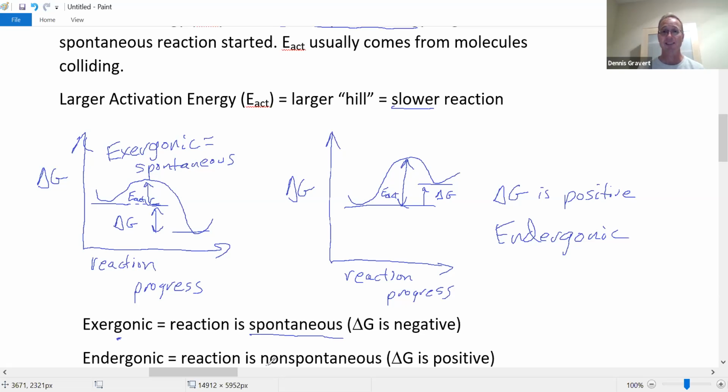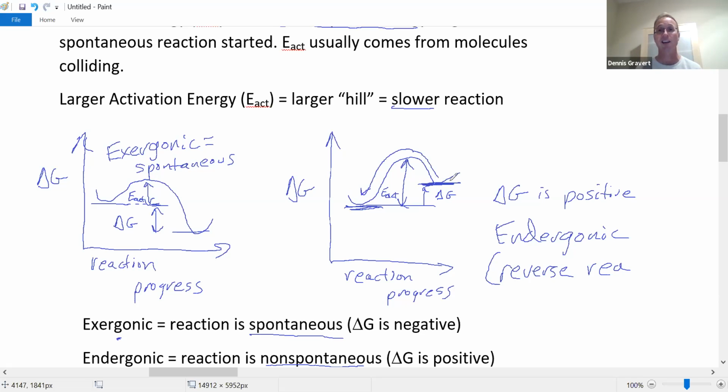And it just means it's not spontaneous. It's non-spontaneous. And what do we say about non-spontaneous reactions? We said the reverse of them is a spontaneous reaction. Or in other words, if you start with the products and you go backwards, then you start high and you end low. The reverse reaction is now spontaneous.